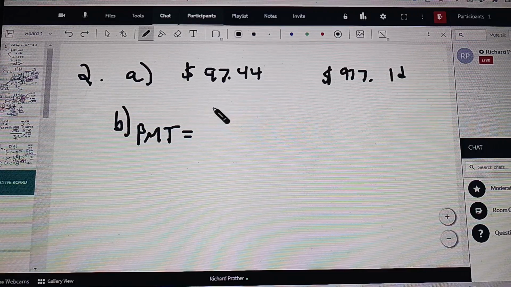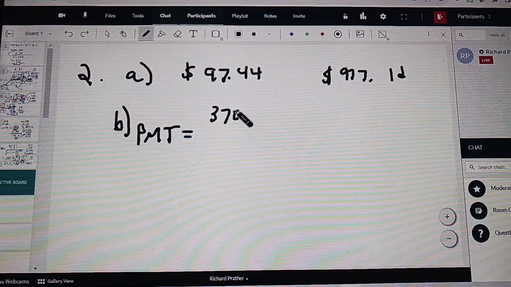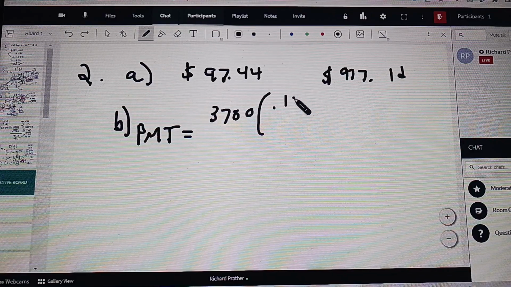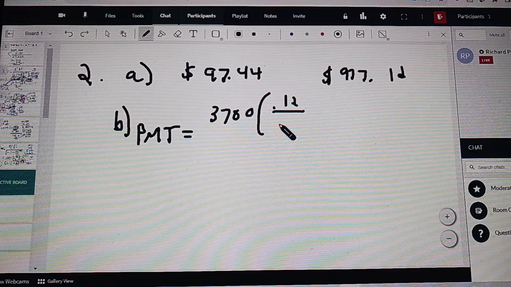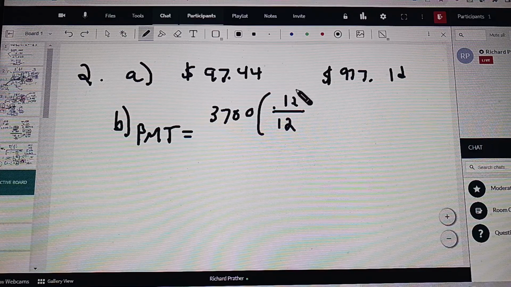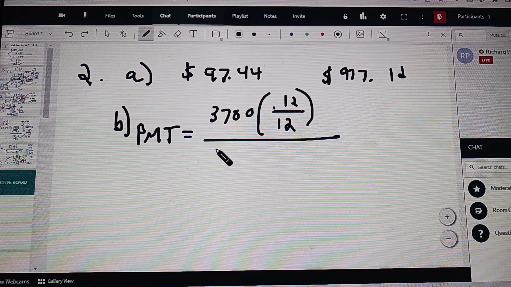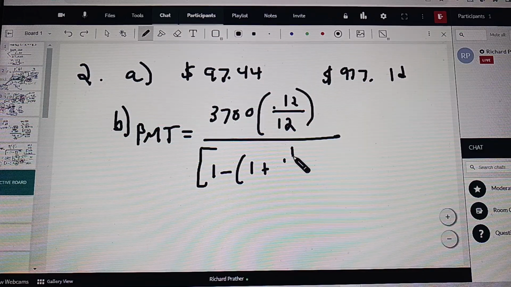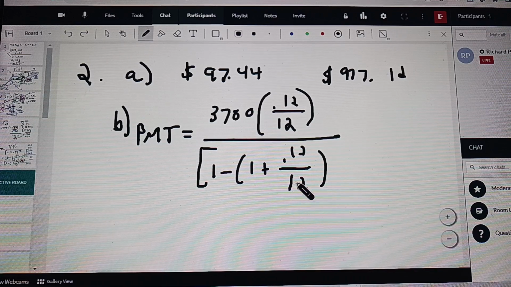What if I have a $3,700 credit card debt? What if I'm getting a 12% interest rate? And of course, these things are always monthly. 12. 1 minus 1 plus, same fraction. Now that I think does come out nicely.